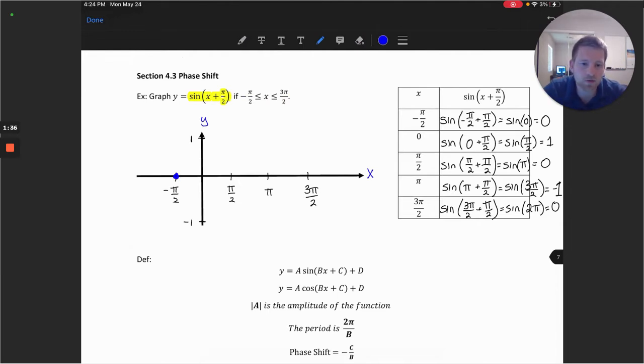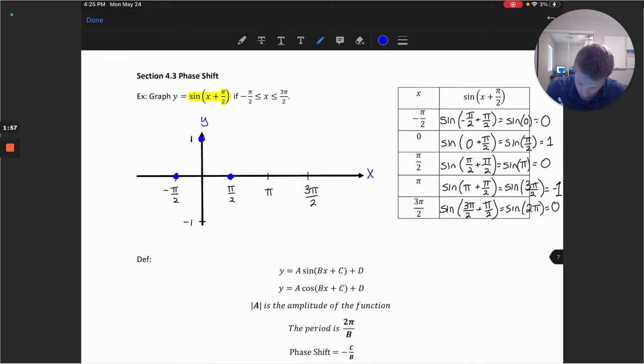At x equals 0, this function is going to lead us to sine of pi over 2, which is 1. That would be up here. Next, we'll be going back down to 0 when we hit pi halves. And then we'll come down all the way to negative 1 when we hit pi units.